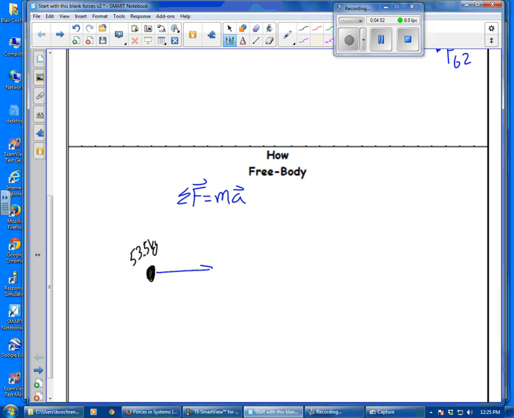Going to have the weight of block 2 that way, the weight of block 1 this way, and the normal force of block 1 that way, and the acceleration is that way. So that's filling in that equation graphically with a picture rather than numbers.